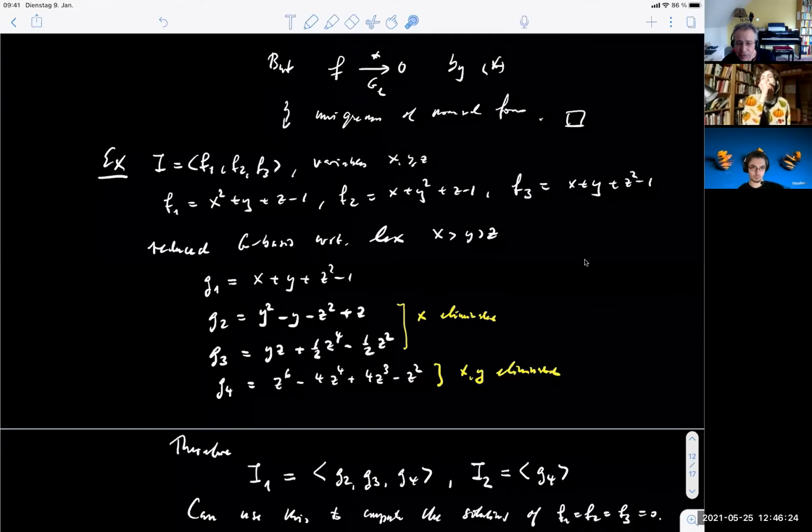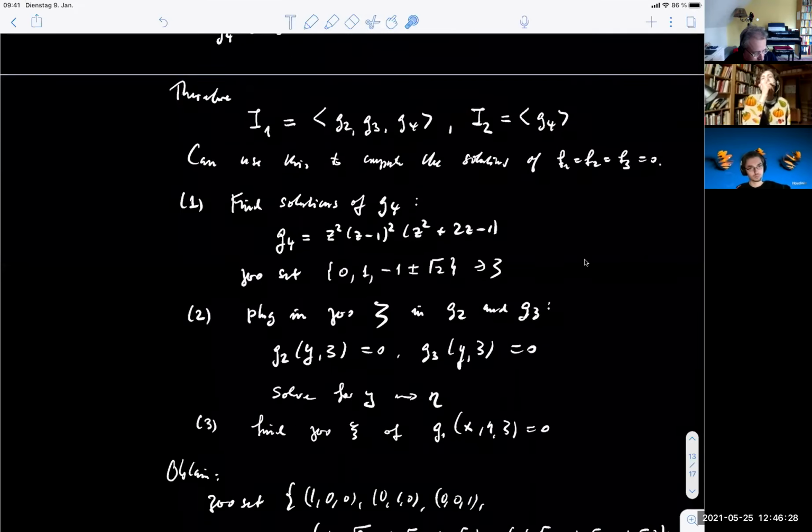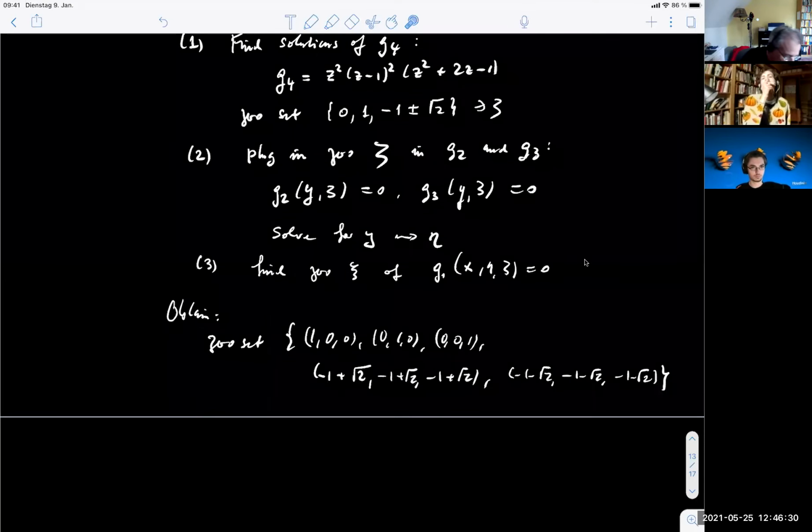So what we have here, we only get 5 solutions. 5 is less than 8. I think what happened is not that we missed solutions in projective space, there is a problem with the multiplicity.